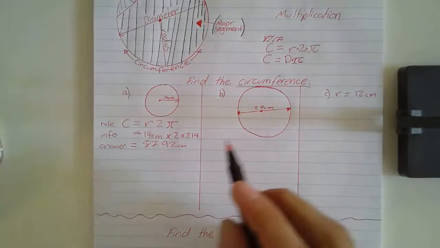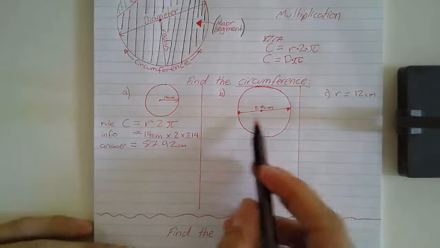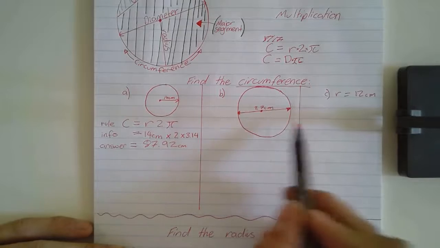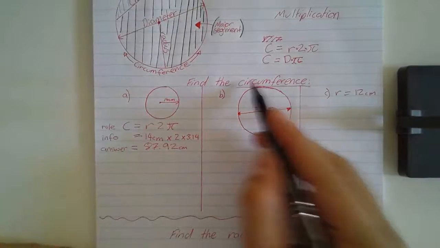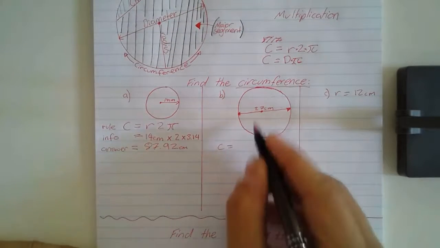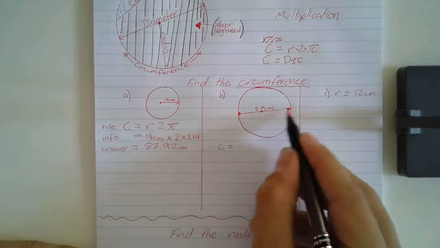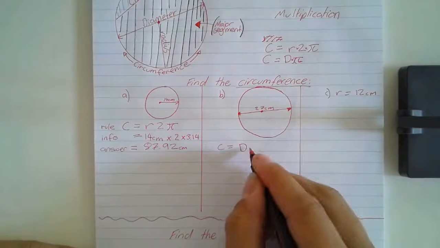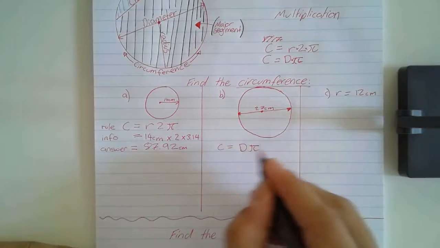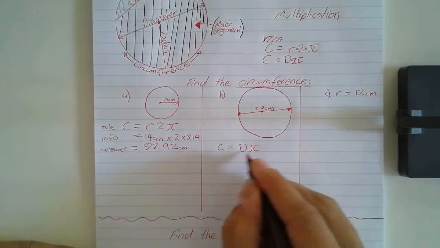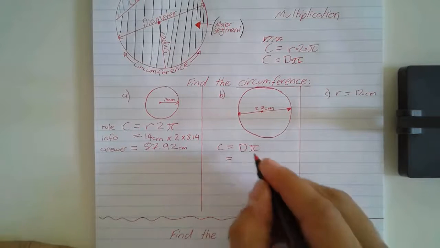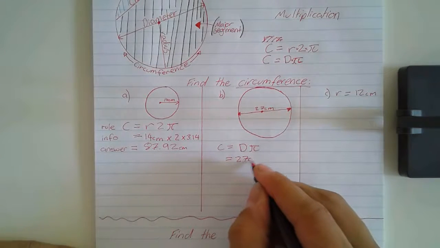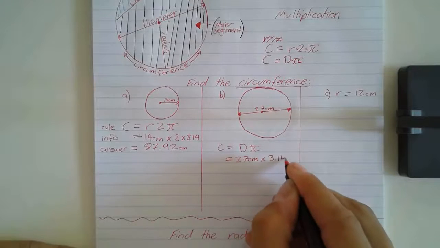Now let's move this over to something, obviously dealing with a larger number. I'm still trying to find the circumference, so I've got C equals. Now, I've got something different here. I've got my diameter. So which one do I use? My diameter. Equals diameter times pi, or pi times diameter, doesn't really matter in this circumstance. We've got this equals 27 centimeters times 3.14.